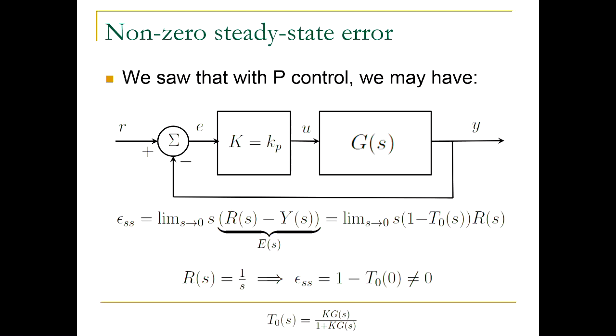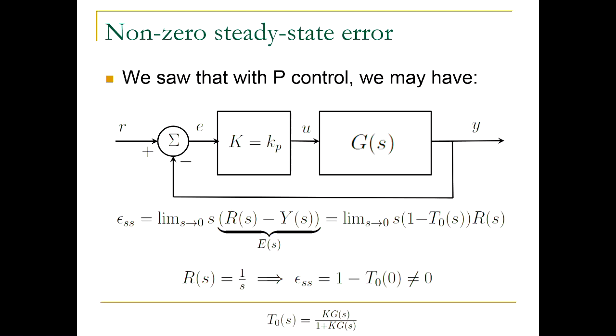But G of S is your plant model. Now, the problem with the plant model is we never, ever know the exact model for the plant. We are always using something that's close to the model, but it's not really exactly the same as the system.